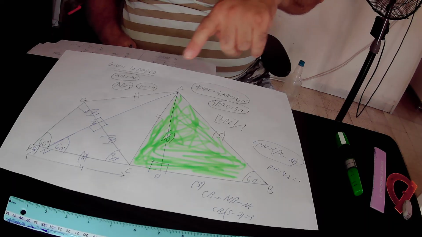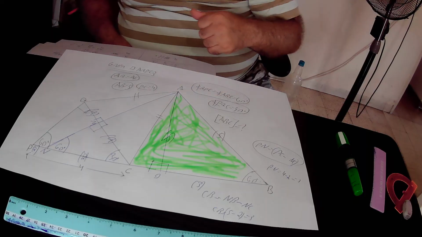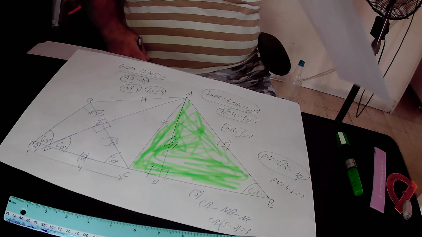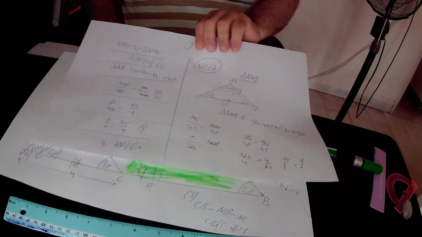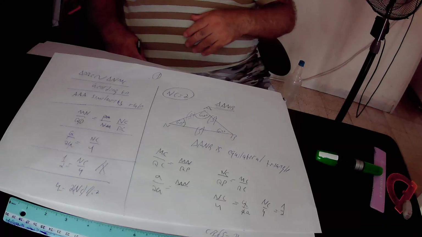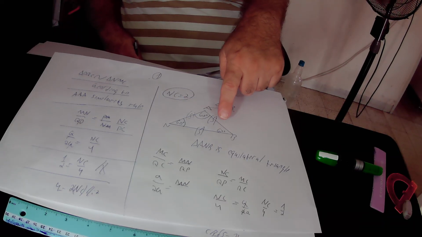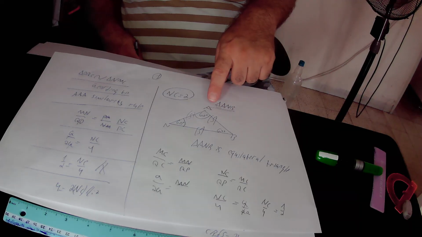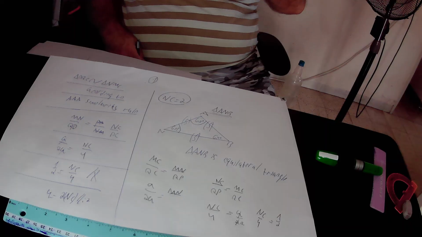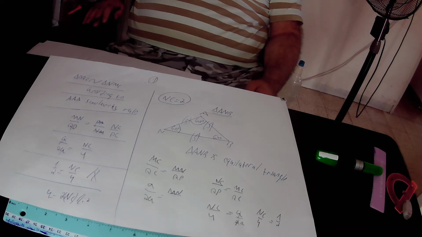In the next step, I copied the big triangle ABN in an Olympiad and analyze this big triangle ABN. This is the big triangle ABN that I copied from the original drawing. 60 degrees plus 60 degrees is 120 degrees, and therefore this vertex again must be equal to 60 degrees in its size, according to the rule that the sum of the angles in a triangle is equal to 180 degrees.